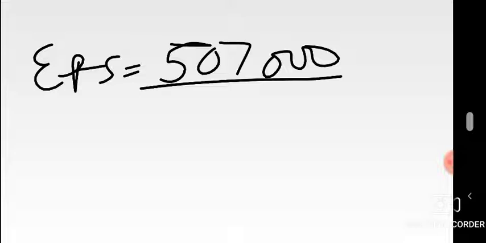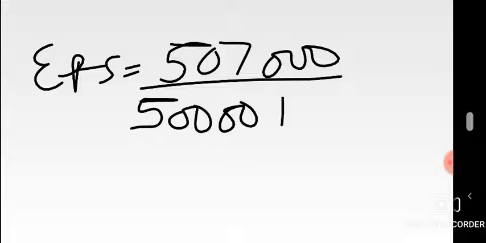What number of shares will you put here? Initially the company had 50,000, the old shares we already calculated. Now they've added new funds. Don't you think we should also include the new shares? Obviously we have to, because we have incorporated the new funds in calculating this structure. So even the new shares have to be added in this calculation.